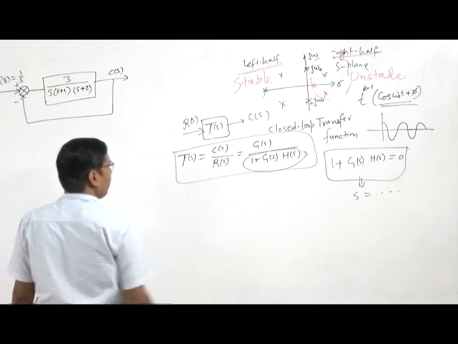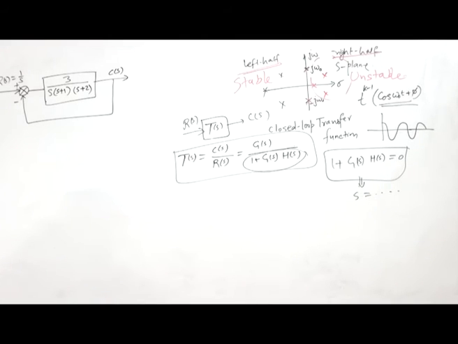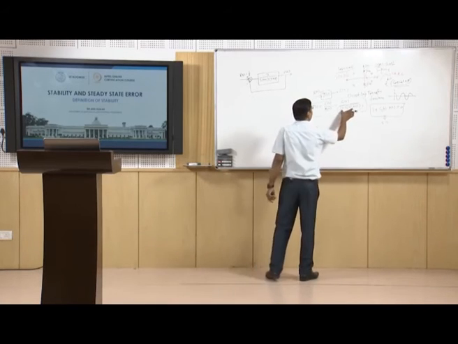So the closed loop transfer function of this system, and then we can find the poles of this system.